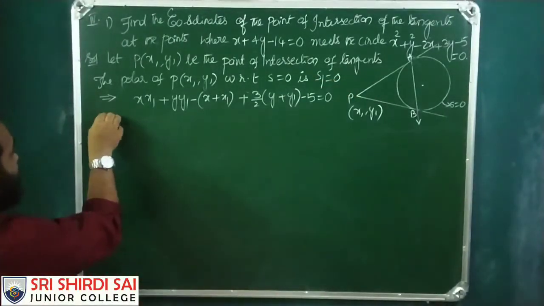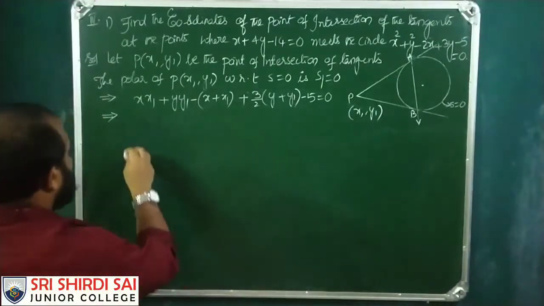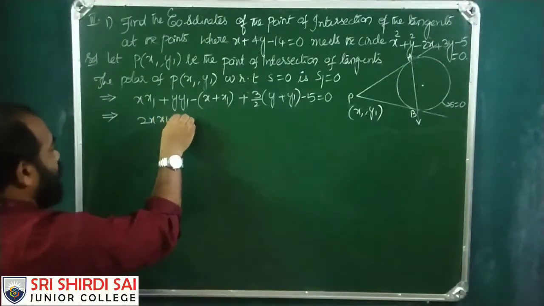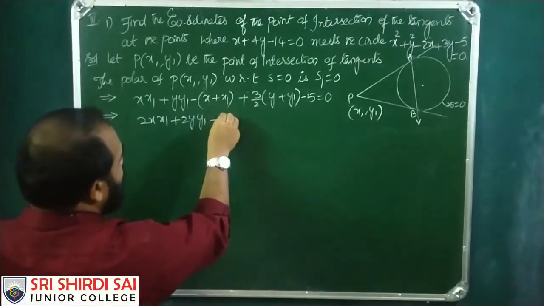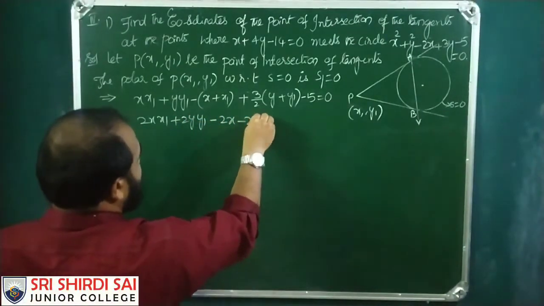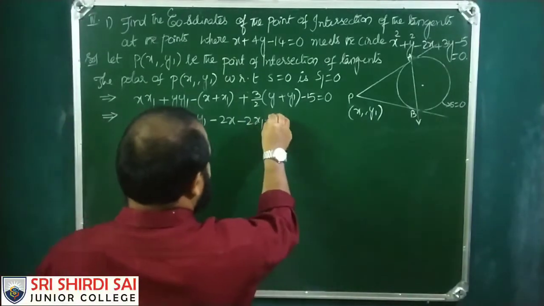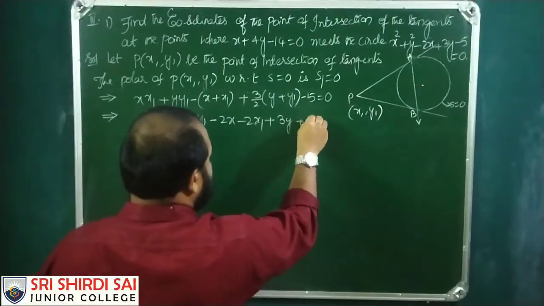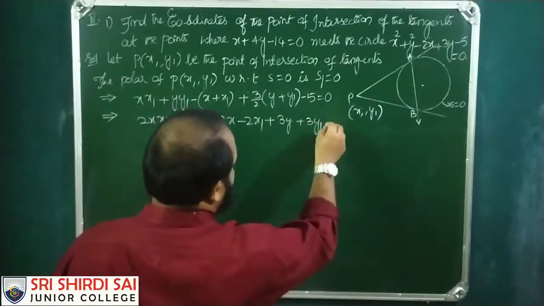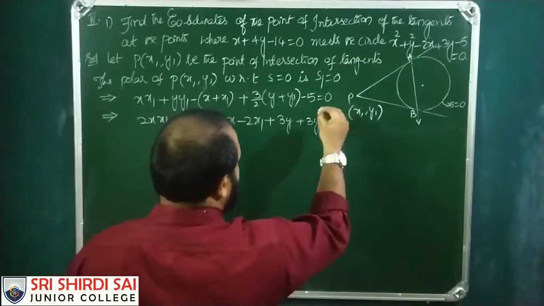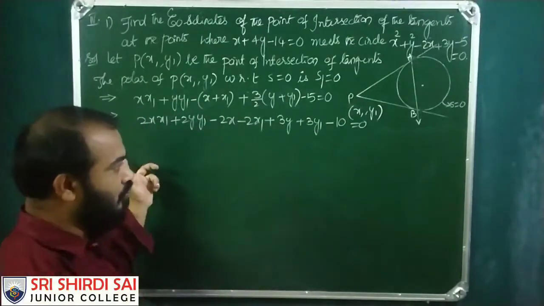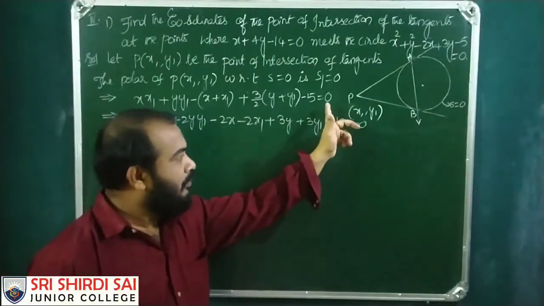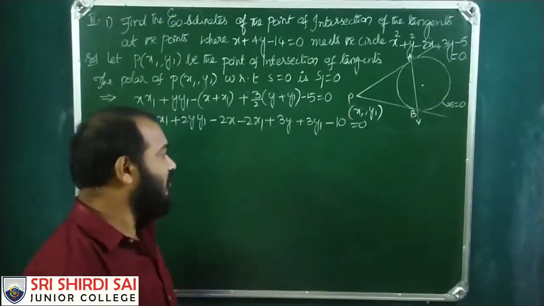So let us take an LCM. 2xx1 + 2yy1 - 2x - 2x1 + 3y + 3y1 - 10, divided by 2, equals 0. So this 2, when we multiply with 0, 2 into 0 is 0.